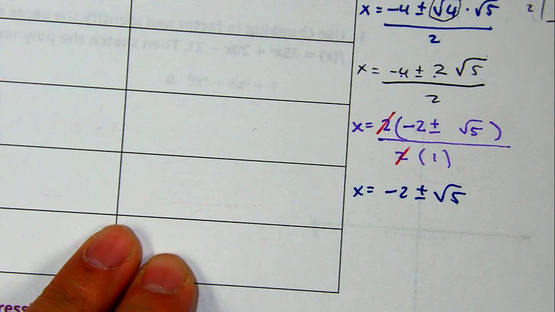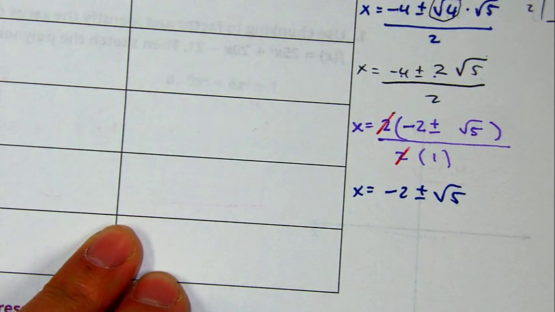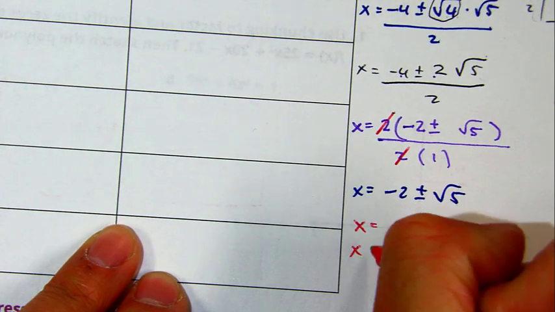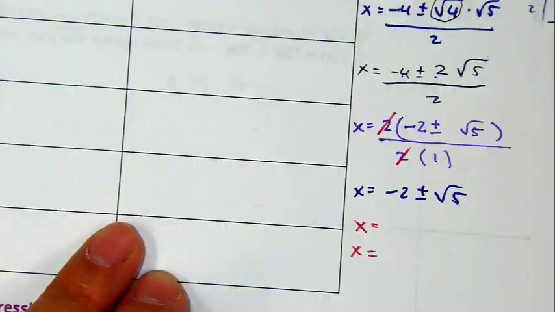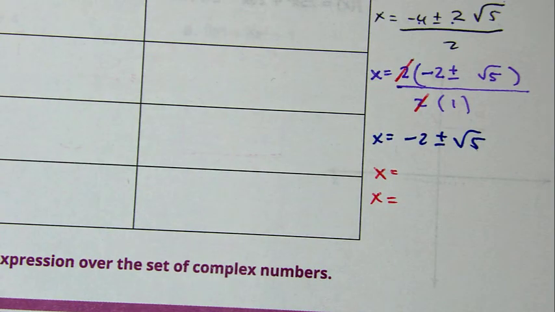Partner A, tell partner B, what are the 2 solutions? How do you break that apart? JP, tell us the 2 solutions.